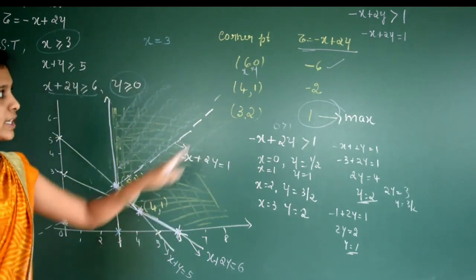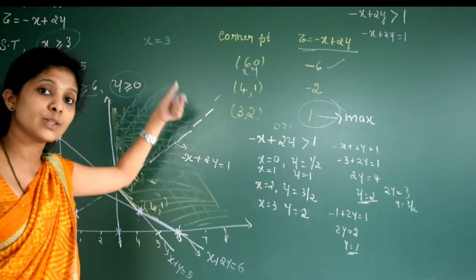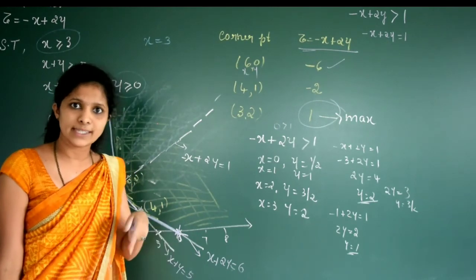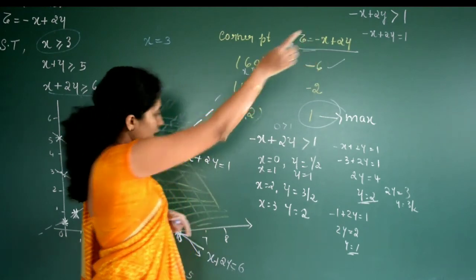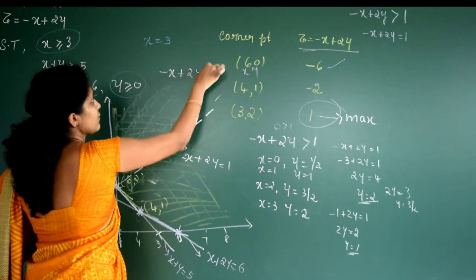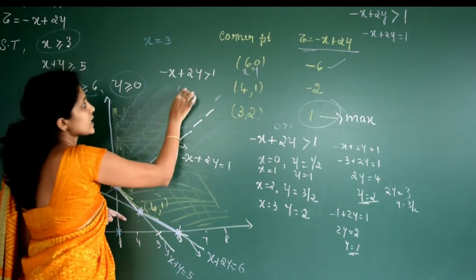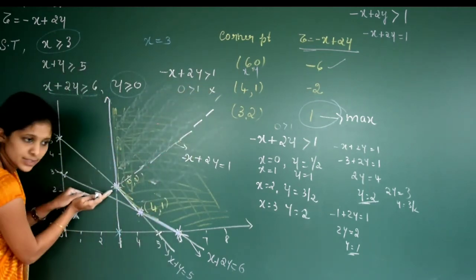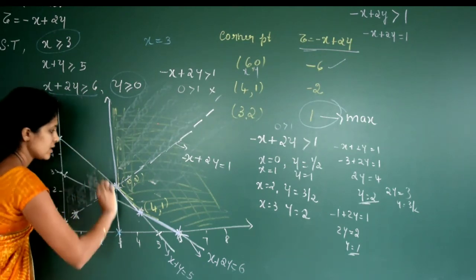Now to say it is a maximum value, what we have to do? If it has no common point with the solution region, then we can say that it is a maximum value. Now we check with that one. See, -x plus 2y greater than 1. So this is the line. If I substitute the origin value, I'll get 0 greater than 1. Is it true? No. So solution region does not include the origin. So solution region for this line will be upwards, right?